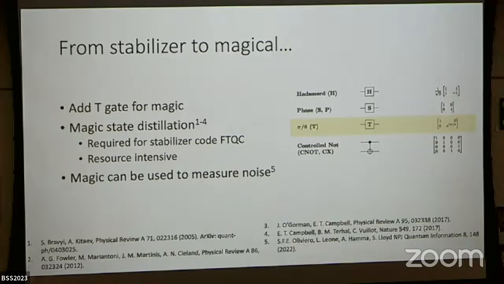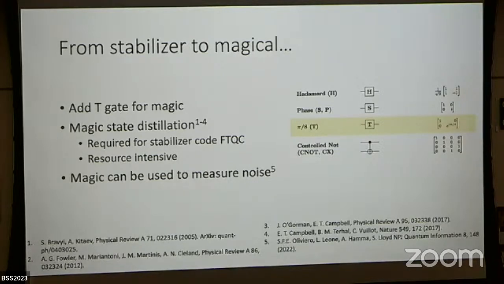Unfortunately, this distillation process is resource intensive in other ways. You need lots of qubits, lots of measurements in order to do this fault tolerantly. So maybe if we can understand more about magic, we can understand a better way to do this type of distillation. And then also, I'll mention that magic can be a measure of noise, right?